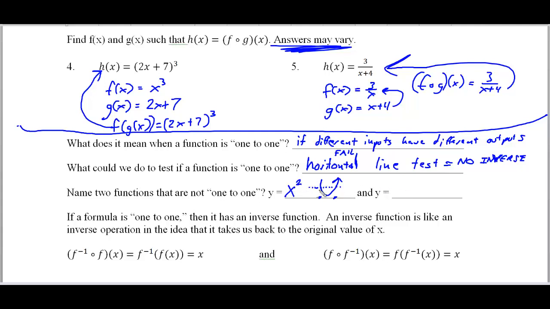Now, you might have noticed that x squared fails the horizontal line test. Well, so would any x to the even power, which means that odd powers should be safe, but not all of them are safe. Some x to the odd powers, and I should say some of them, not all of them, are not actually safe.